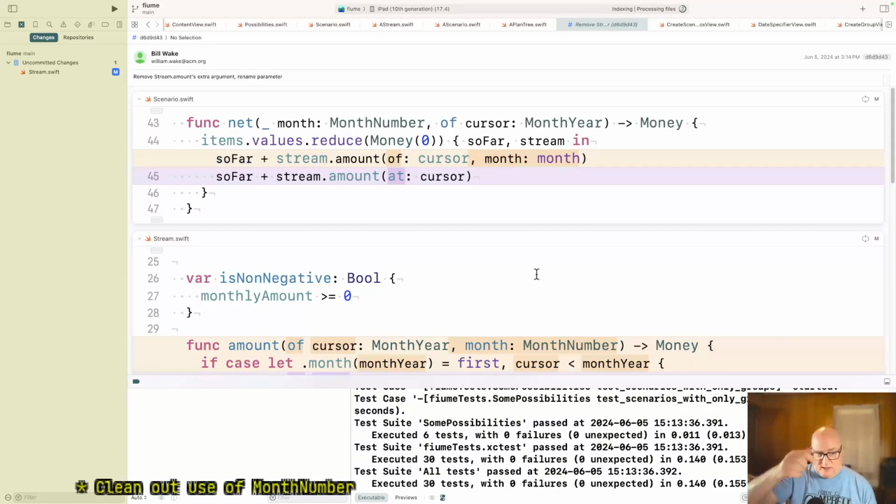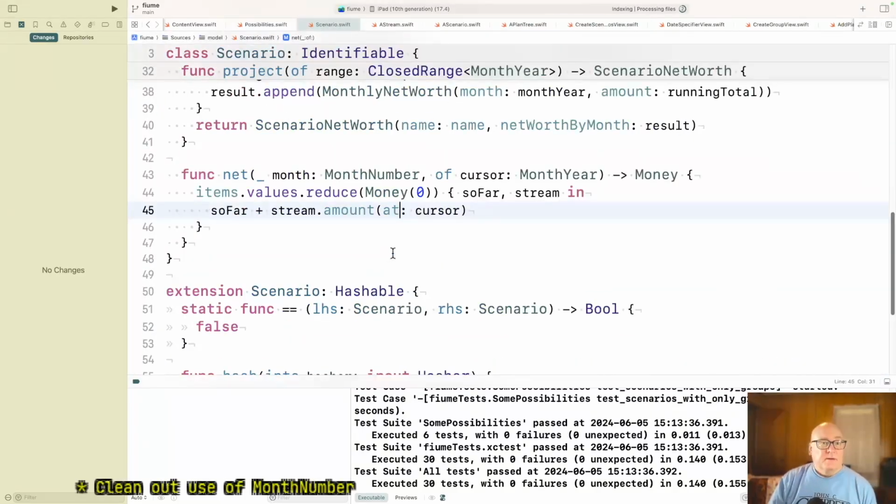If I knew what I was doing, I could go top to bottom. Now we're back trying to get rid of the extra parameter, the old parameter month year, and again, it's kind of easy to work bottom to top. So cool.